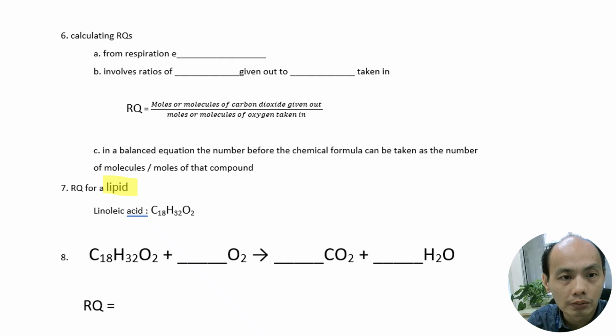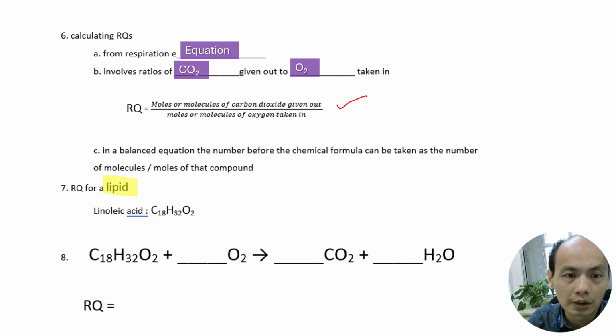Calculating RQ from a respiration equation involves the ratio of carbon dioxide given out and oxygen taken in. The formula is moles or molecules of carbon dioxide given out divided by moles or molecules of oxygen taken in. In a balanced equation, the number before the chemical formula can be taken as the number of molecules. So you need to balance it first.